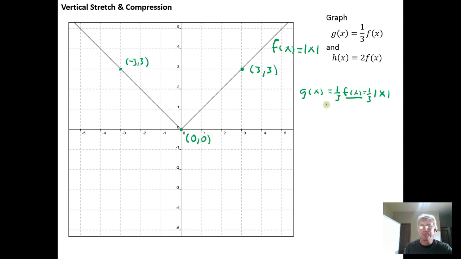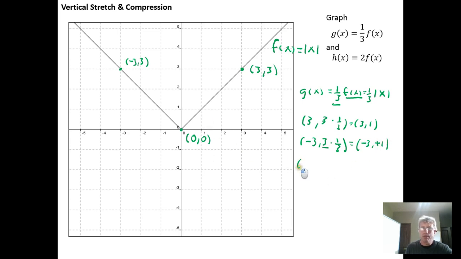And this mapping is going to take each output, f of x, and multiply it by a third. So the point 3, 3 is going to get converted to the point 3, 3 times a third, which is just the point 3, 1. This point over here, negative 3, 3, that output of 3 is going to get multiplied by a third, which is just going to give us the point negative 3, 1.